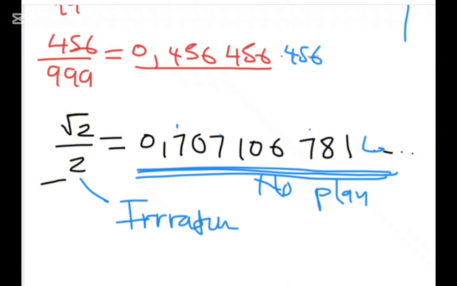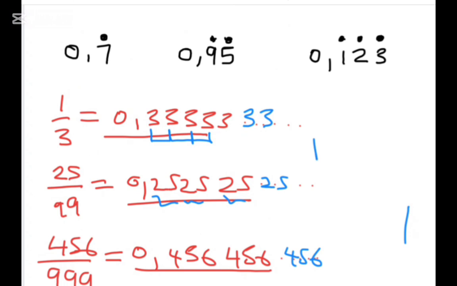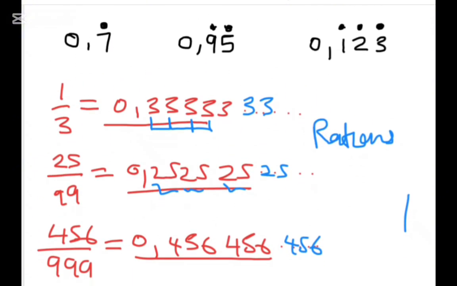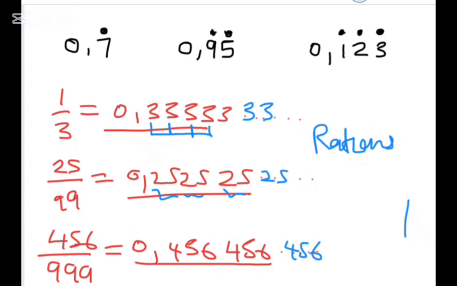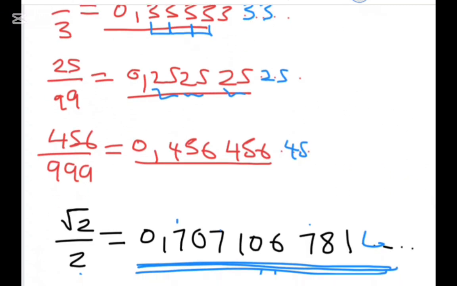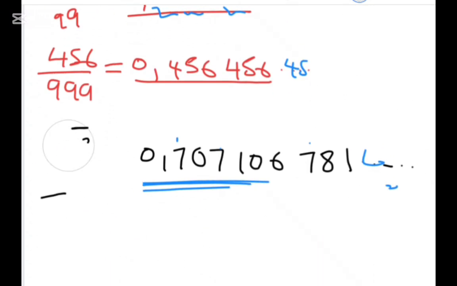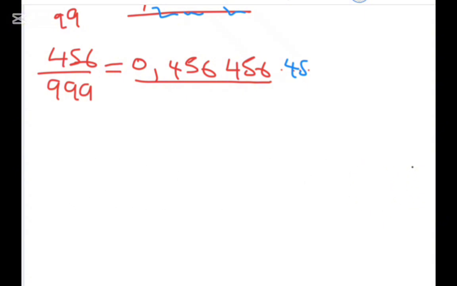All the recurring decimals, guys, are rational, because there is a pattern in their decimals. Perfect, so this is what we're talking about when we talk about recurring decimals. So what is something that you need to know about this type of recurring decimal?